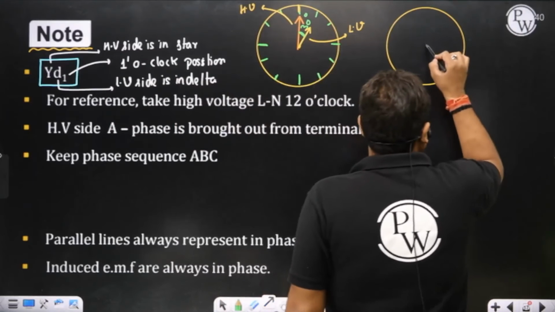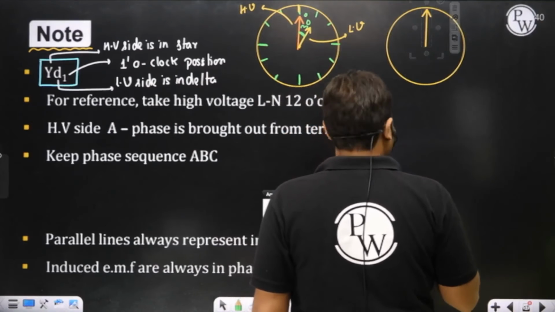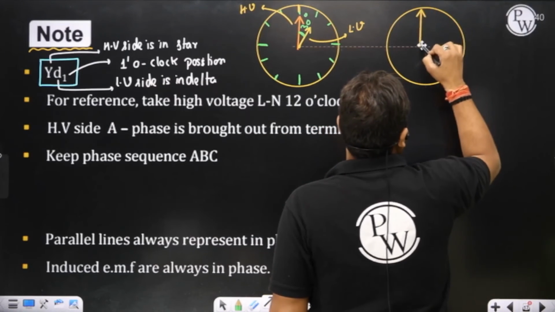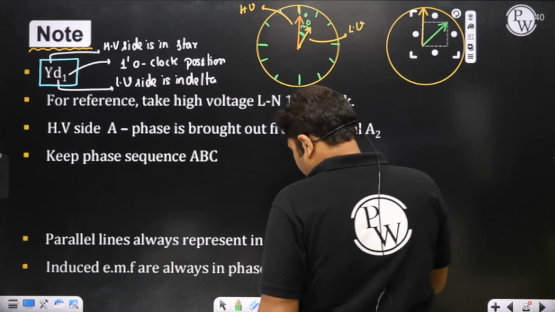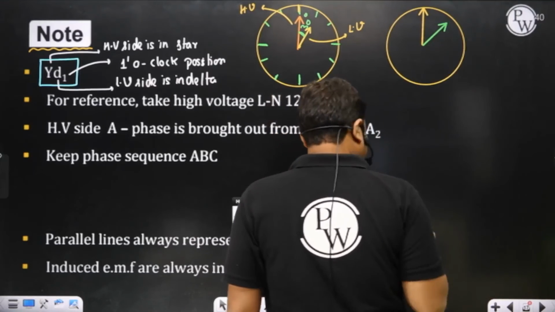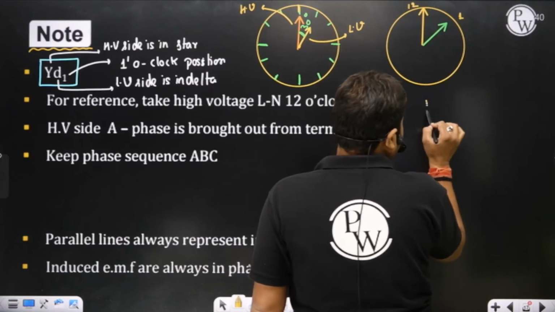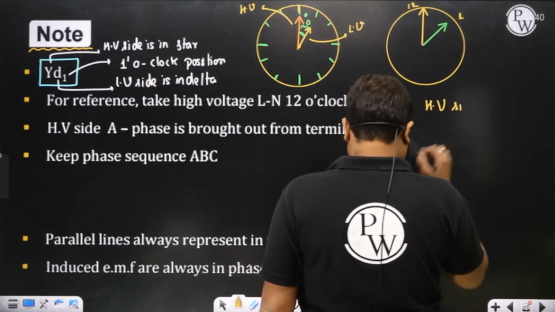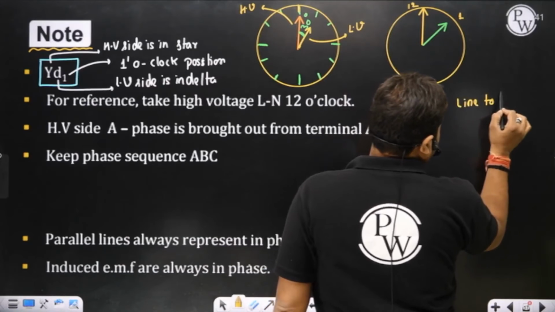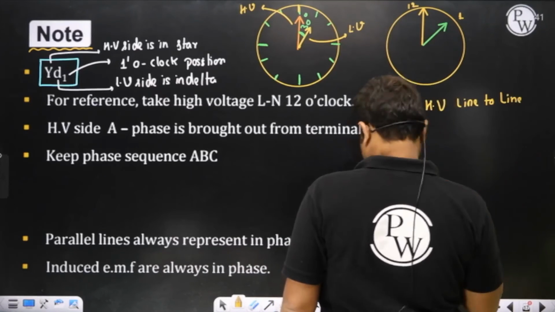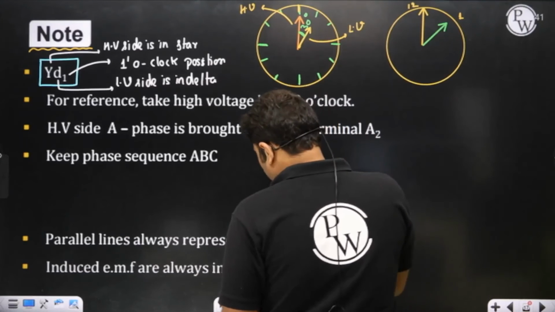Basically, in a clock, if I am representing 12 o'clock as the HV position and 1 o'clock as the LV position, it indicates high voltage line to line. Better to write, HV side is always at the 12 o'clock position.